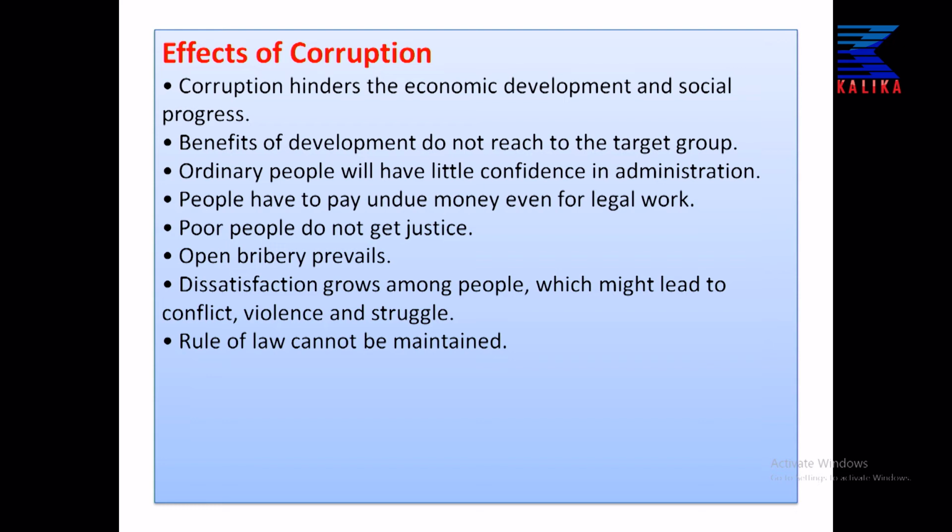That situation will prevail everywhere, and dissatisfaction grows among the people, which might lead to conflict, violence and struggle. As the last effect of corruption, the rule of law cannot be maintained in the society. So, these are some of the effects of corruption.